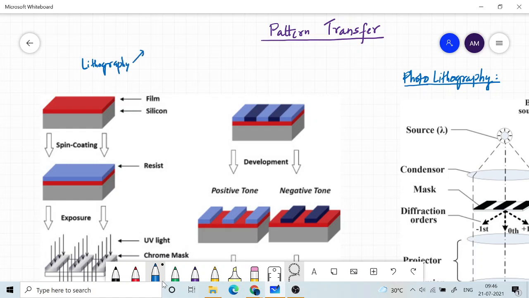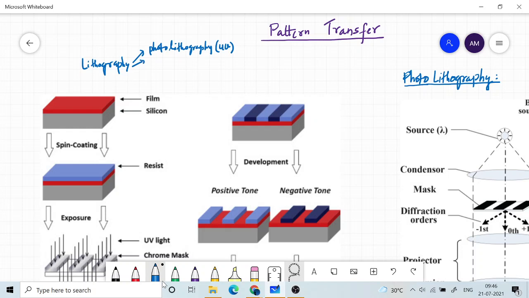So there is what is called photolithography, which is also called UV lithography, because photo means the light source we are using has a wavelength corresponding to the UV region.